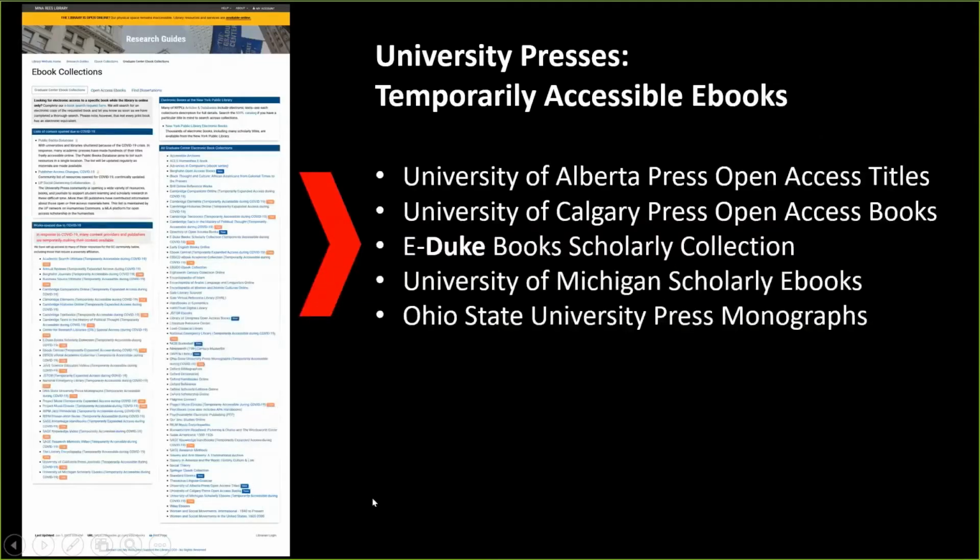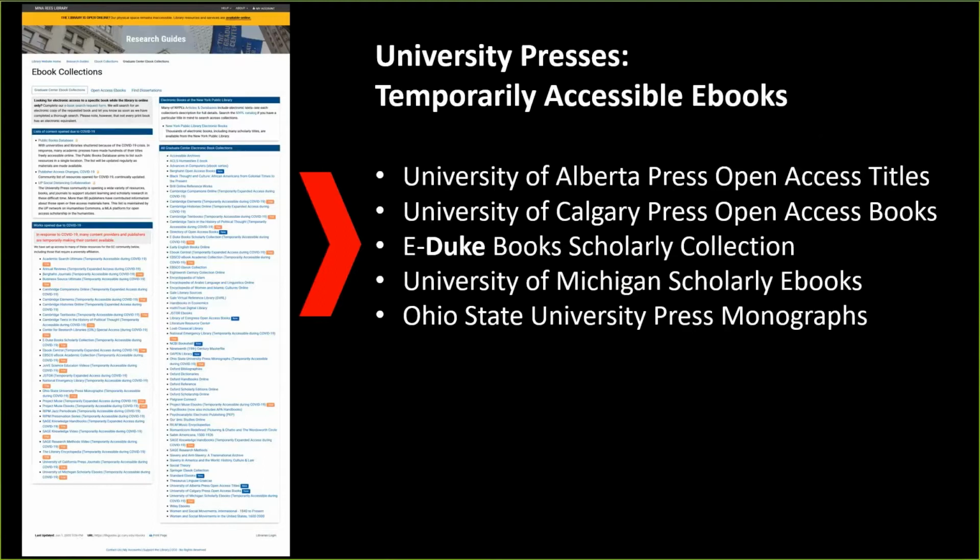And here on the left-hand side, you see a mini version of the guide and you can see just from here, without scrolling, all of the different resources that are listed. And among those resources are these 5 university presses: University of Alberta, Calgary, Duke, University of Michigan, and Ohio State. Now, each of these university presses has temporarily made available their ebook content.